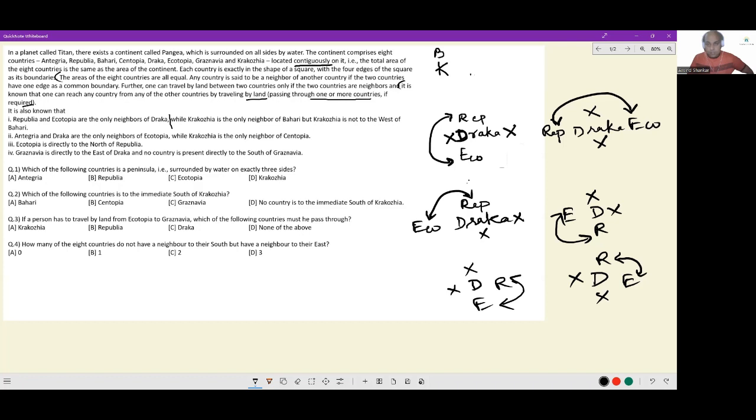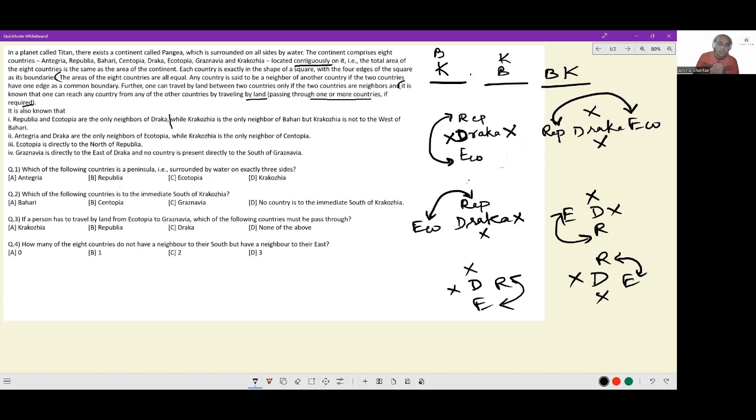So you could have Bahari Krakozia. You could also have Bahari Krakozia in the other orientation. You could also have Krakozia Bahari. You can have all these three setups. The only setup that is unacceptable is when Krakozia is on the left and Bahari is on the right. That is the only unacceptable setup.